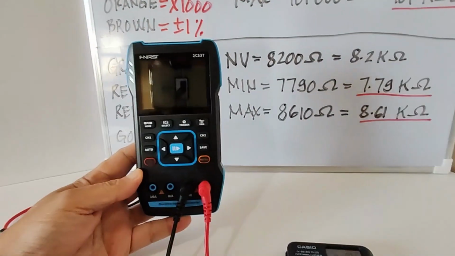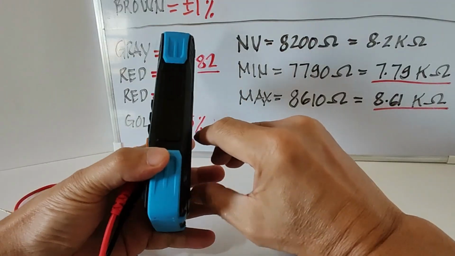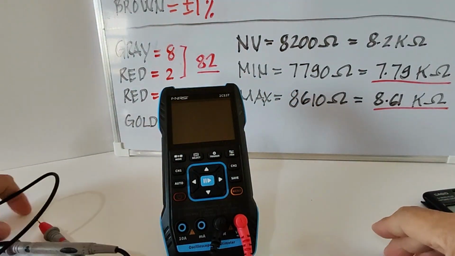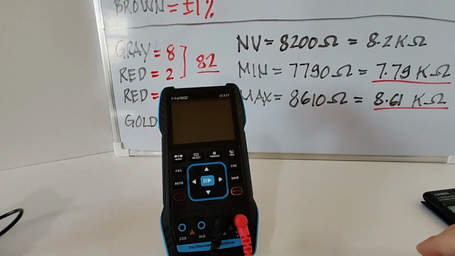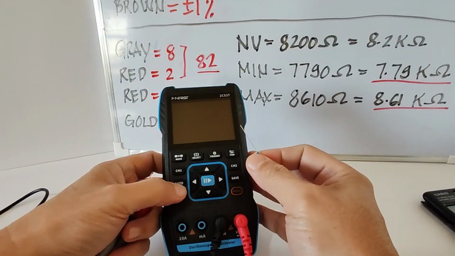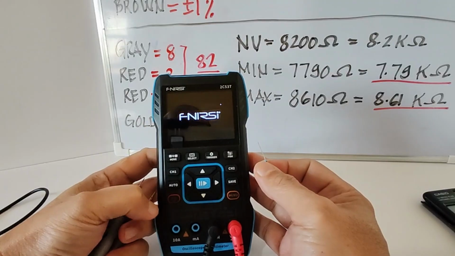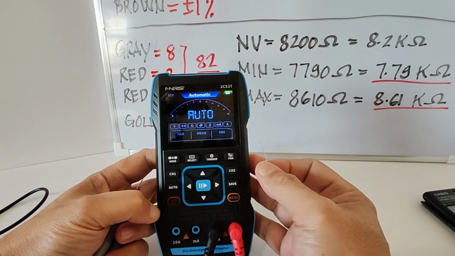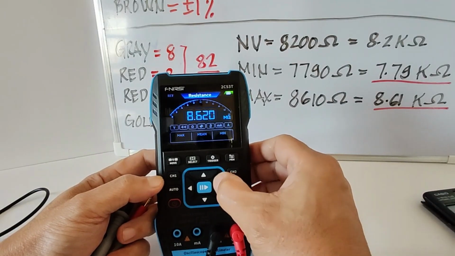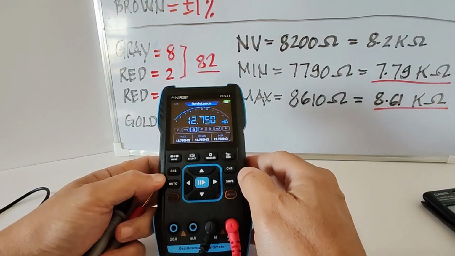Now, we use this meter to determine the measured value. By the way, this is a 2C53T model of the Finersi multimeter I'm using right now. Let's determine the measured value of the resistor. Okay, let's put it on resistance there.